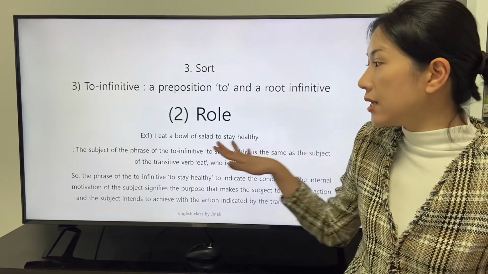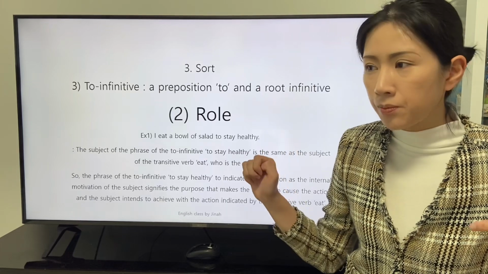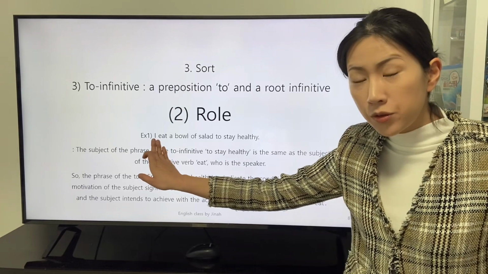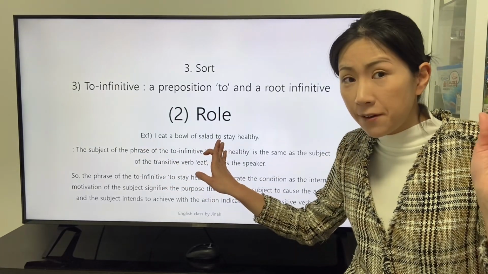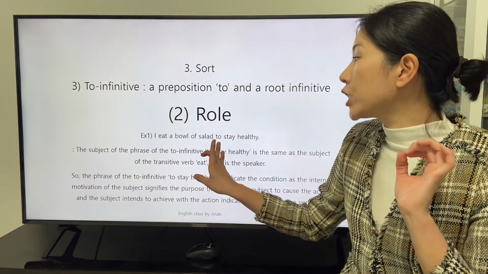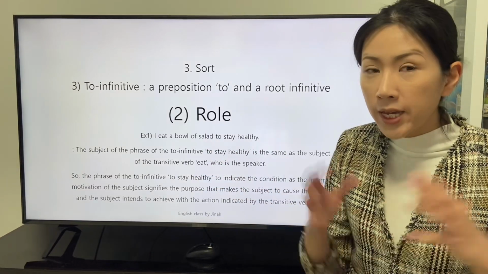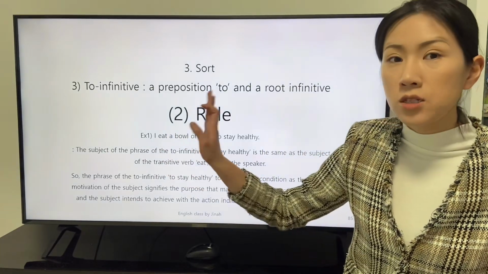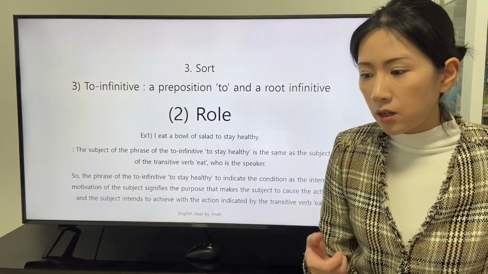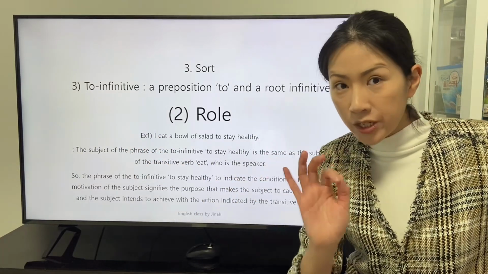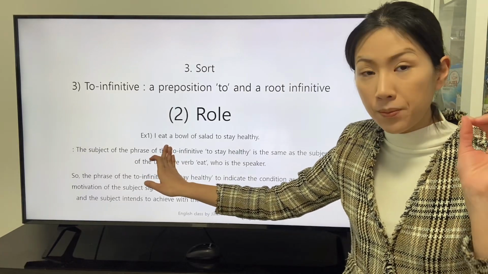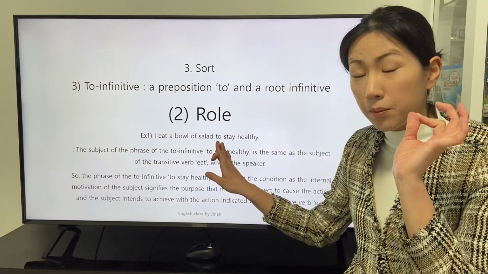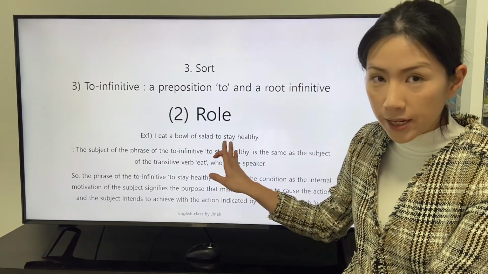To interpret this clause as conveying the purpose, speaker, who is the subject of the phrase of the to-infinitive to stay healthy, we can figure out that the speaker starts and gives the action indicated by the transitive verb eat with a purpose indicated by the phrase of the to-infinitive to stay healthy.